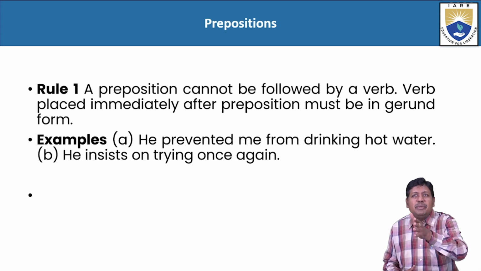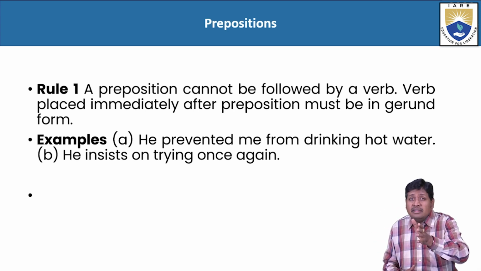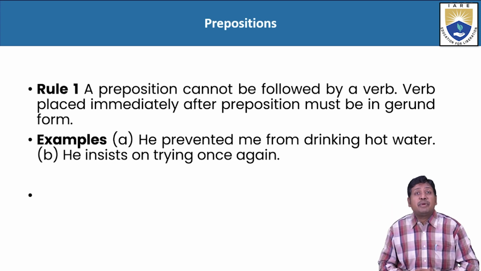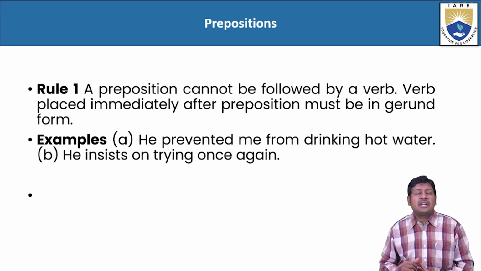The father prohibited the son from smoking. The father stopped the son from smoking. The father prevented the son from smoking. Stop, prevent, prohibit. In all these cases, right, the verb placed immediately after preposition is in gerund form. Which is a verb in this sentence? Smoking. From smoking.